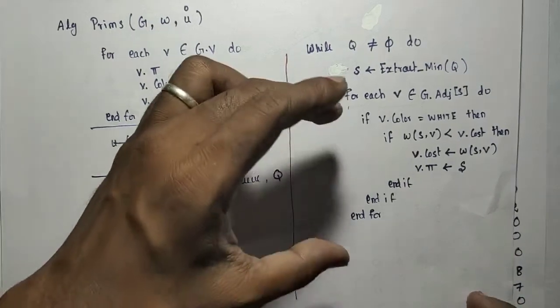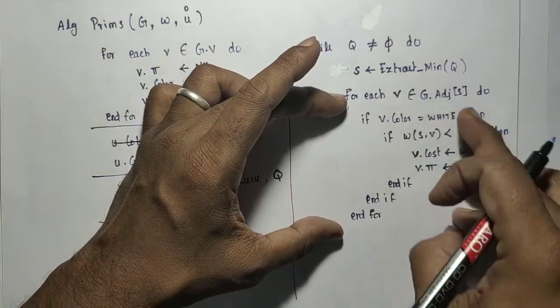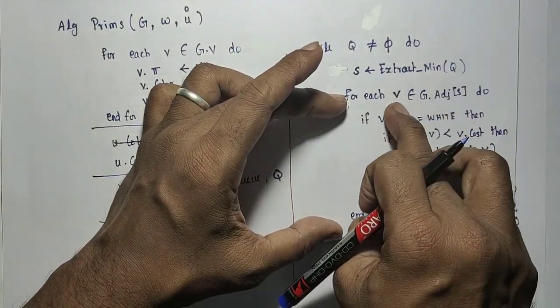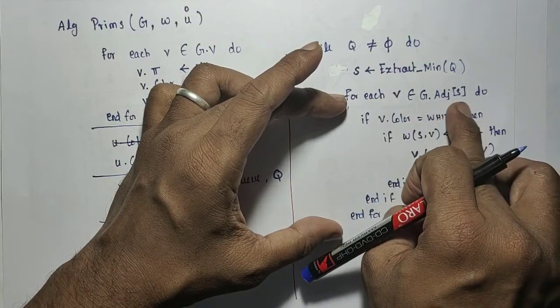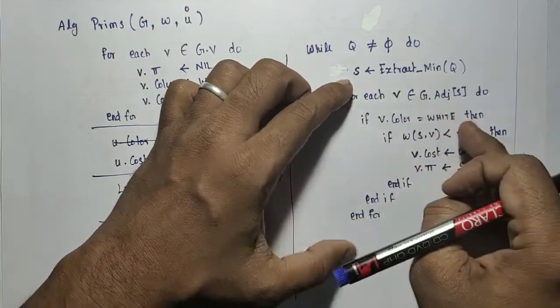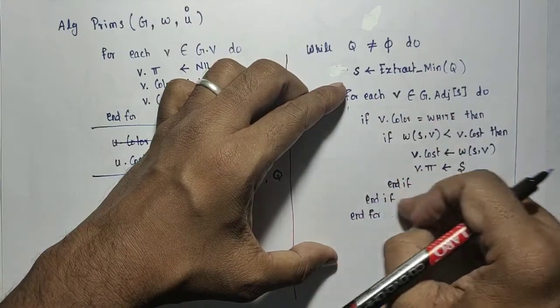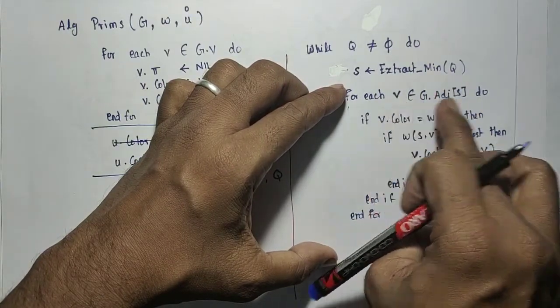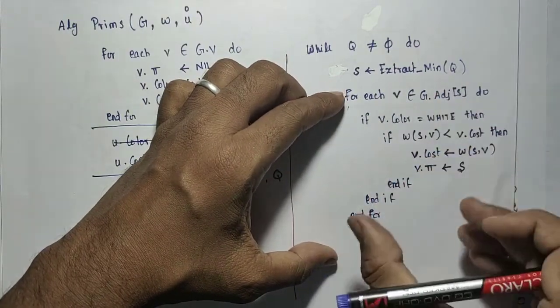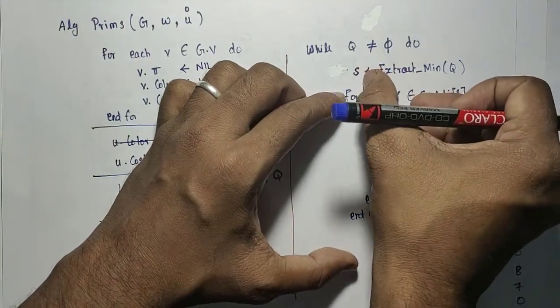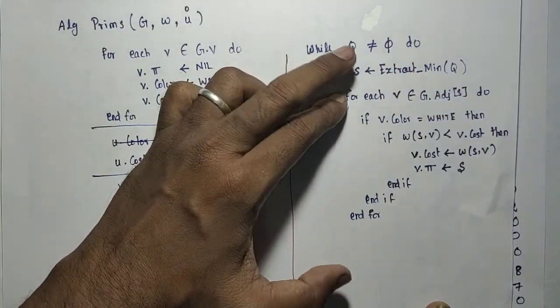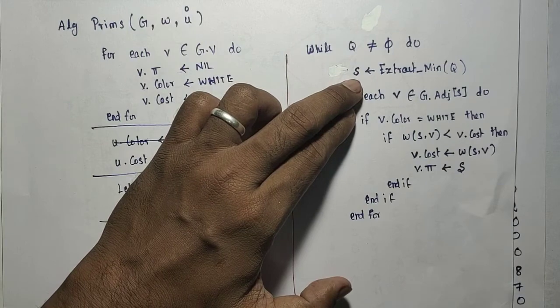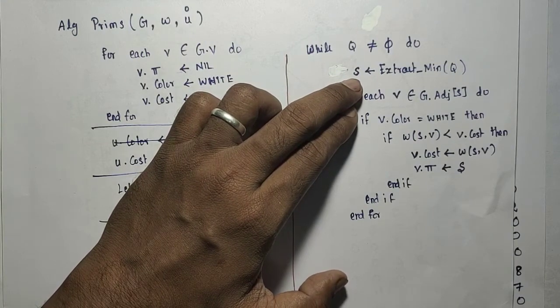Okay, so once you have updated all the adjacent vertices of a particular node, here s, that we have extracted, then you need to change the color of s to black. It means that it is visited, it is included.